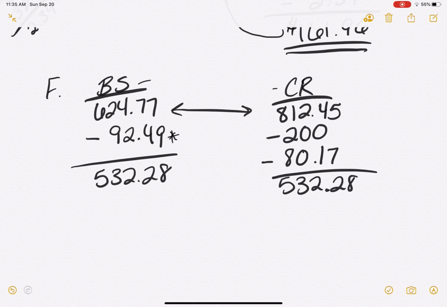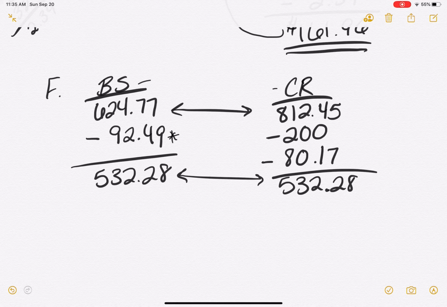It's outstanding. It has not cleared the bank yet. So these two numbers are equal, so we know that we are done. You are done when the numbers equal each other. And it might take a few times to mess around with the numbers and put them in different spots, but ultimately you need them to be the same.